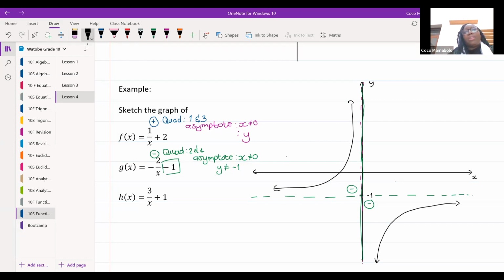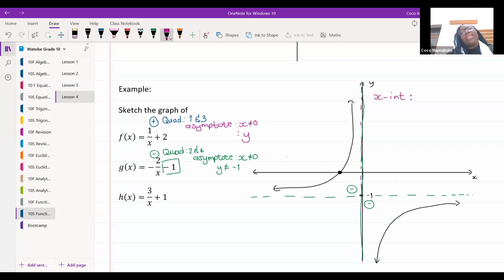What do we call this point over here? The x-intercept. Yes, it's the x-intercept.